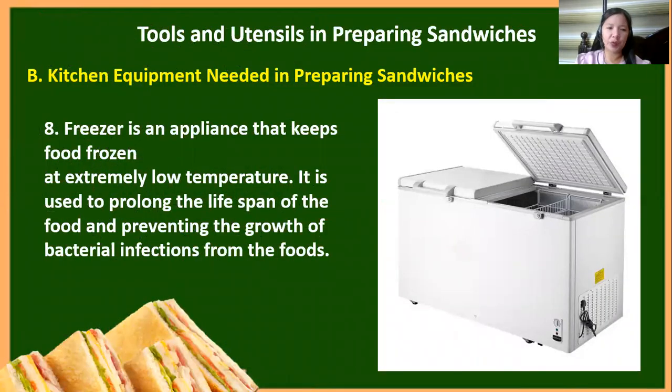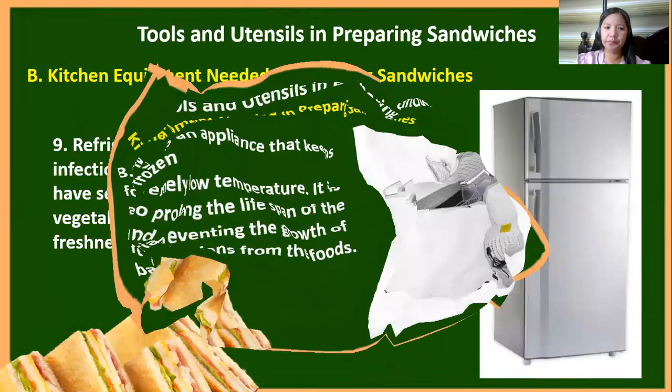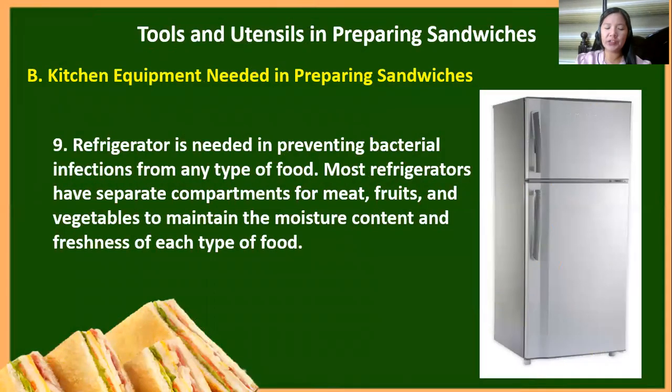And of course, a freezer, an appliance that keeps food frozen at an extremely low temperature. It is used to prolong the lifespan of the food and prevent the growth of bacterial infections from the foods. Okay, and of course, the refrigerator, which is needed in preventing bacterial infections from any type of food.